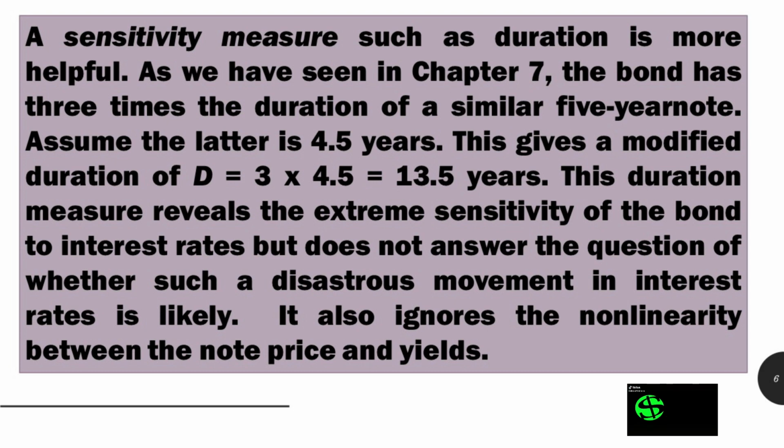This gives a modified duration of D equals 3 multiplied by 4.5, which equals 13.5 years. This duration measure reveals the extreme sensitivity of the bond to interest rates, but doesn't answer the question of whether such a disastrous movement in interest rates is likely. It also ignores the non-linearity between the note price and yields.